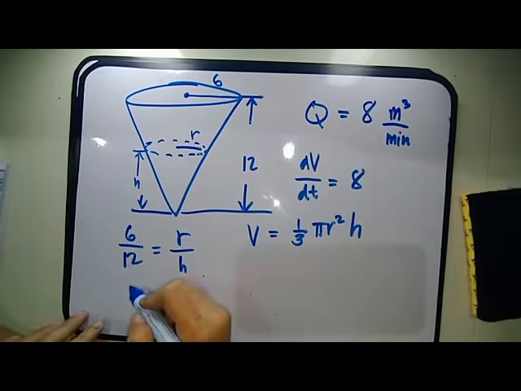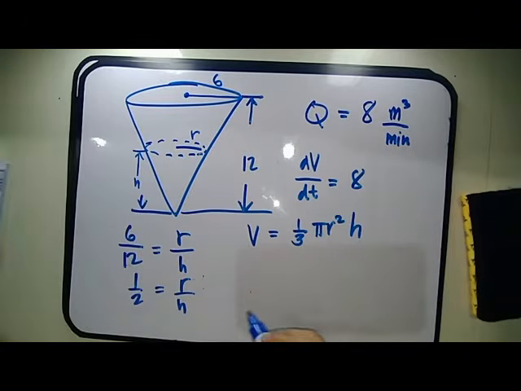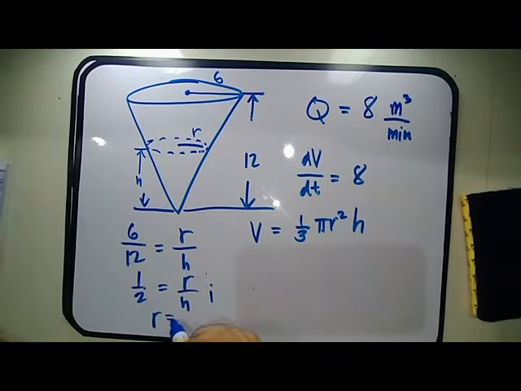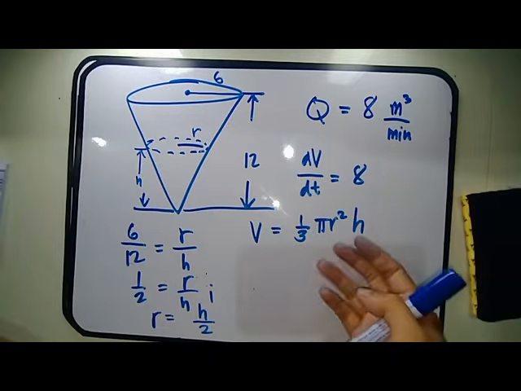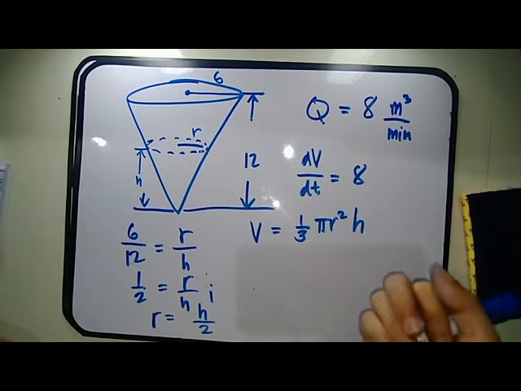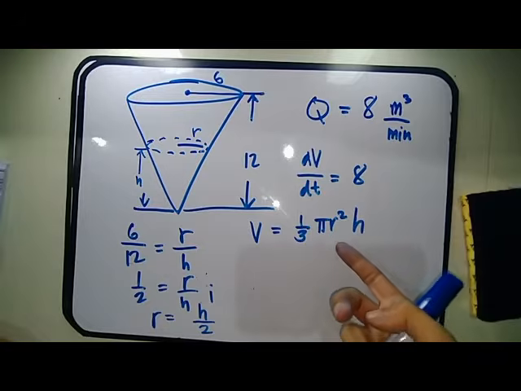You can say that this is 1/2, r over h. Then we can say that r is actually equal to h over 2. Now we can substitute that here. We need an equation wherein we have one variable on the left side and one variable on the other side. That's why we need to reduce this to a one-variable equation.